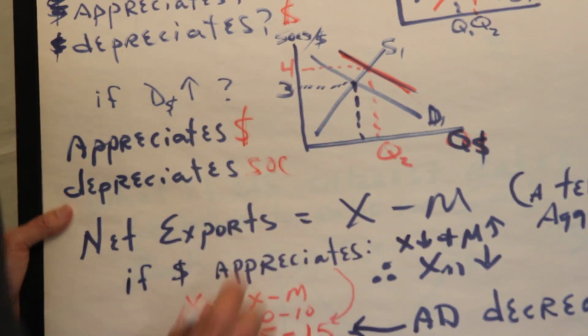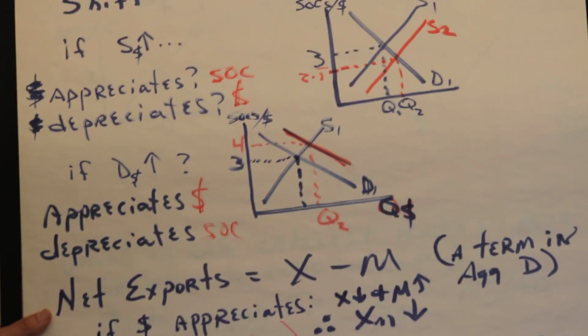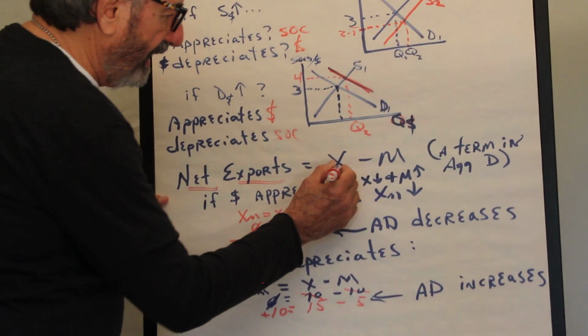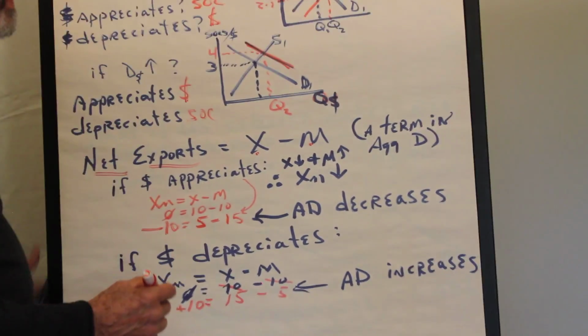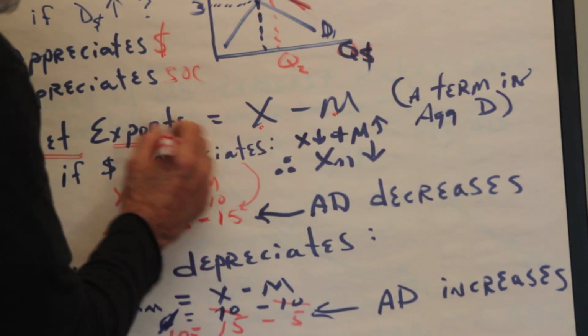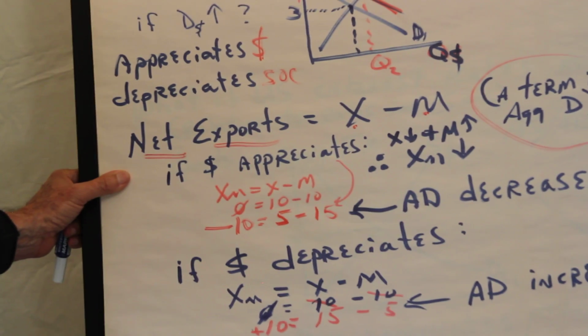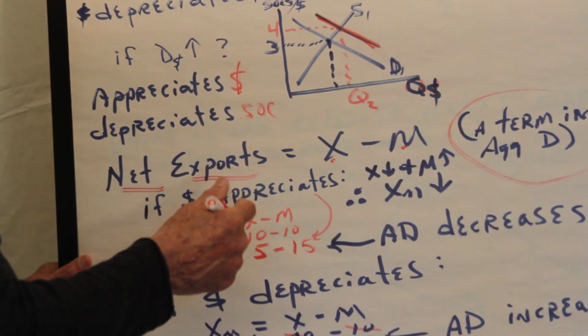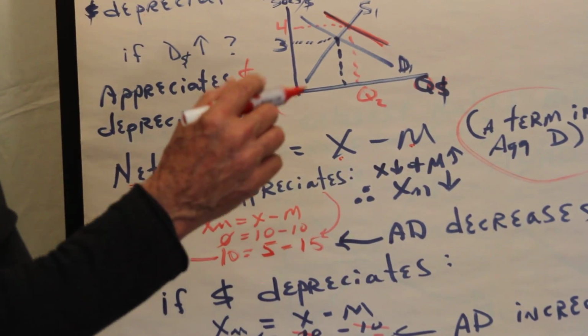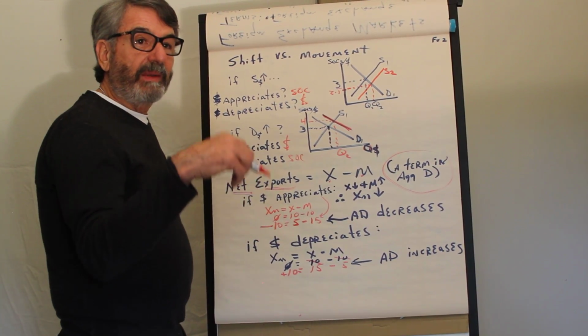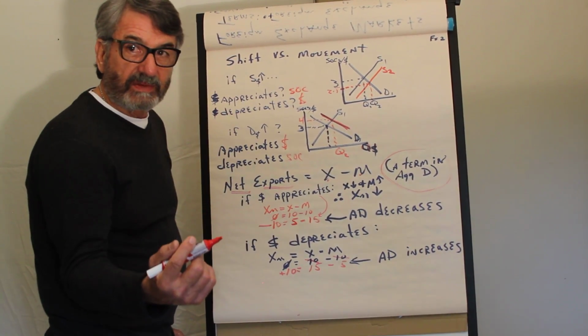the sock would depreciate. So we will recall, please, that net exports is equal to exports minus imports. Net exports is a term in the aggregate demand: consumption, investment, government, and net exports. So if the dollar appreciates, that means that sock goods are less expensive to Americans, and American goods are more expensive to sock people.